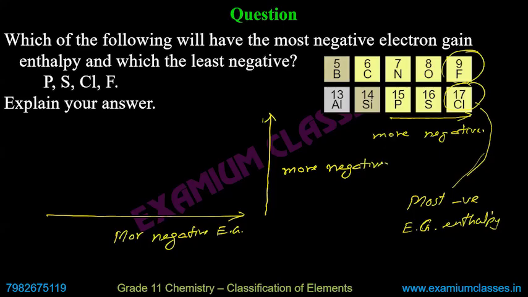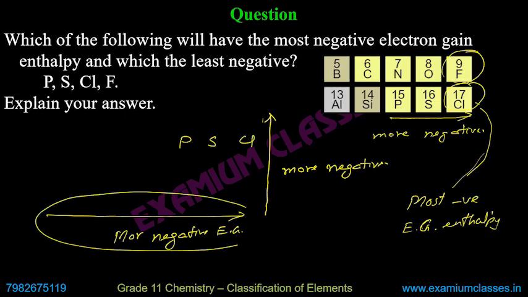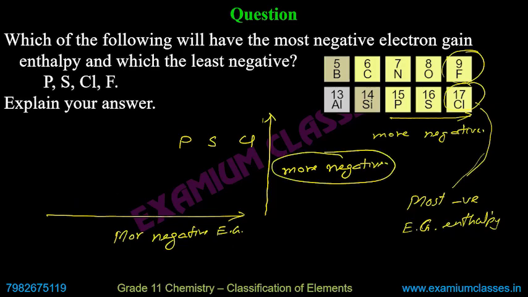But so I say phosphorus, sulfur, chlorine. By this rule, chlorine is most electronegative. But by this rule, we might say fluorine should be most electronegative because moving upward, fluorine should have the most. But due to the exception, because fluorine has higher interelectronic repulsion, chlorine has a more negative electron gain enthalpy than fluorine.